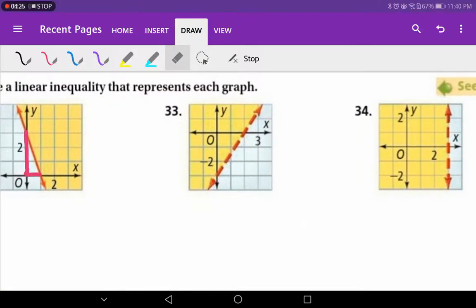Okay, now here, as you see, we start with y. And as you see, this is the line. Okay, and the highlighted part is here. Is it up or down? It is up. Okay, so it is greater. So I will draw the greater sign.